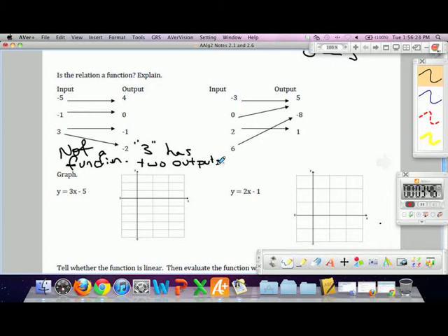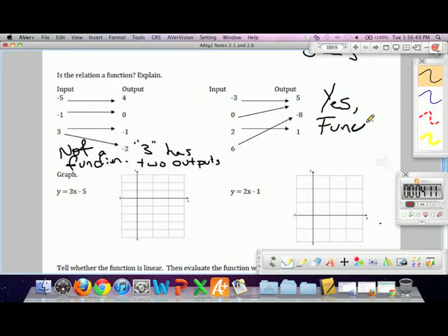Only goes to 1. I don't care where it goes, as long as it only goes to 1 number. They can all go to the same number if they want. As long as each input goes to 1 output, you're good. Yes. Function.